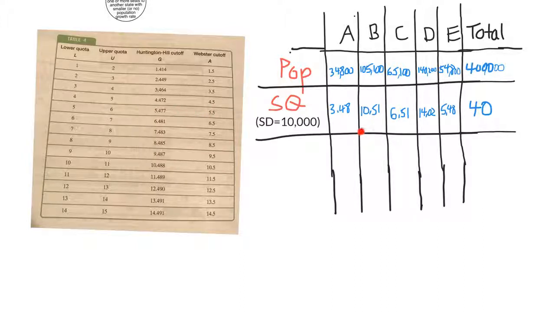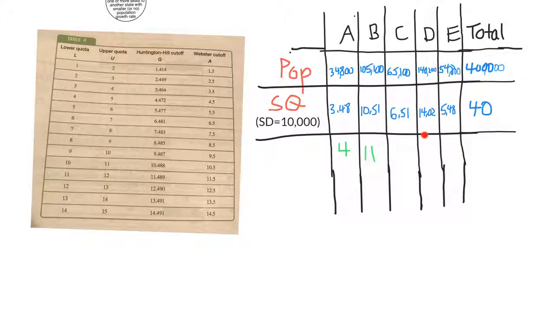So this is above 3.46, so state A is going to get rounded up to 4. Looking at this next one, 10.51 for state B, that's the standard quota. Between the lower quota of 10 and the upper quota of 11, the cutoff point is 10.488. This is clearly above that, so this becomes 11.